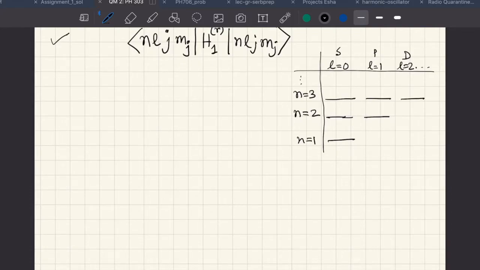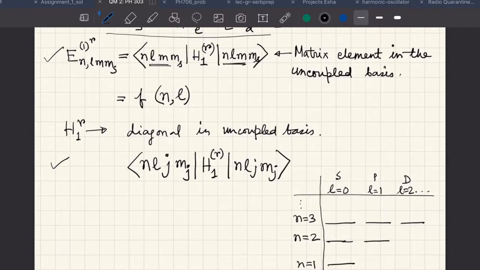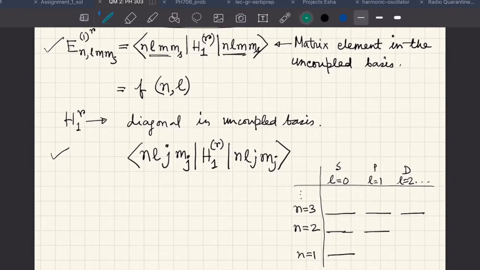Now to understand why these two are the same, let us actually fix one value of n and l. So suppose let us choose this particular level. That means we have fixed the value of n and value of l, because this level has a fixed value of n which is 2, fixed value of l which is 1.